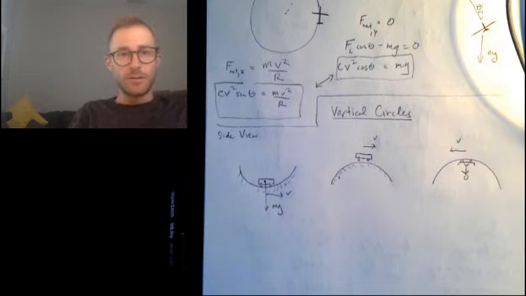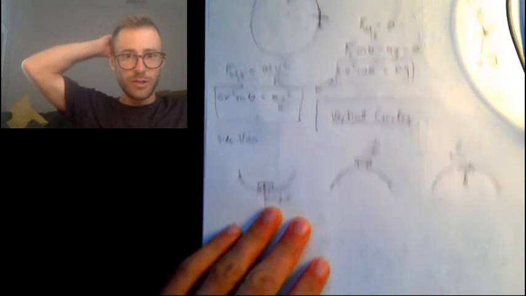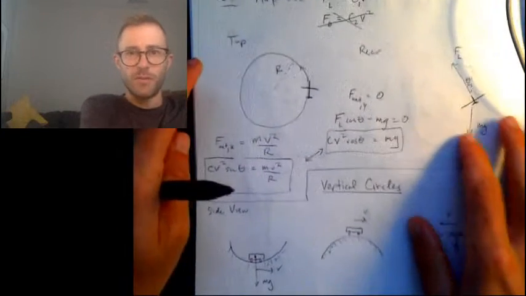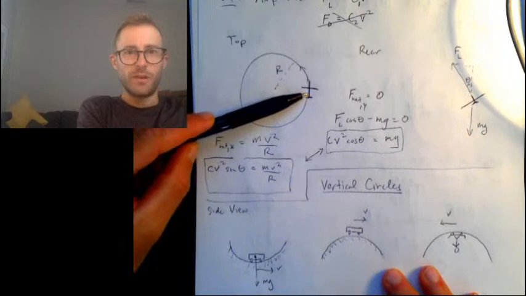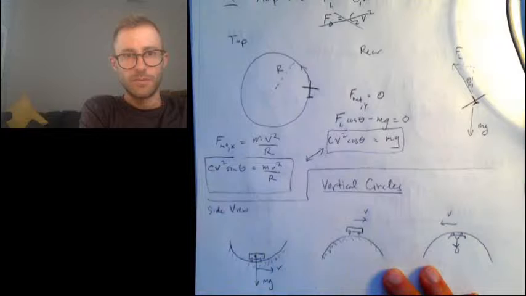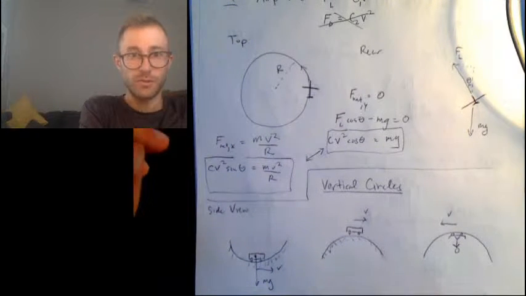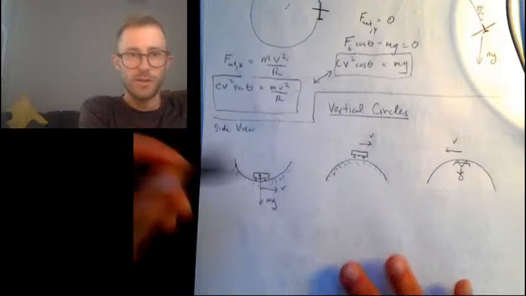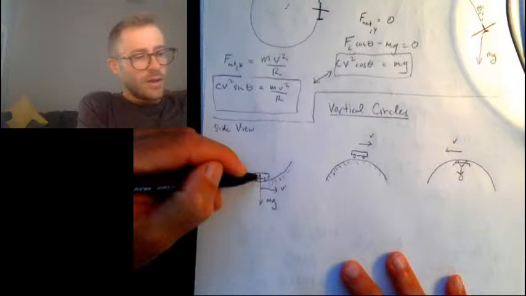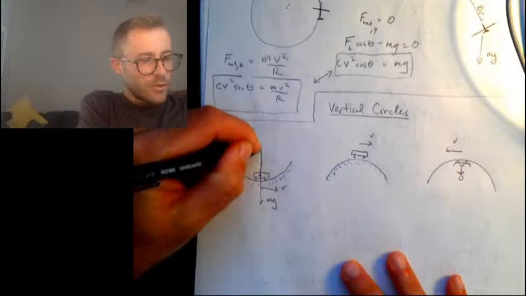That's what makes vertical circles somewhat challenging. Like in the airplane problem, the weight force from this perspective points into the page, so in some sense it's not affecting the circular motion directly. But here it is. And then you have a floor below you, so there's a normal force going upward.